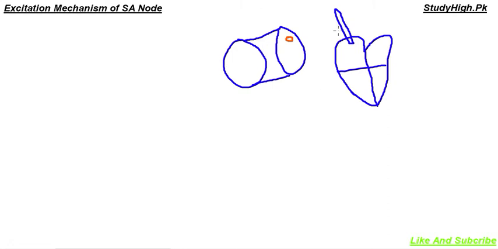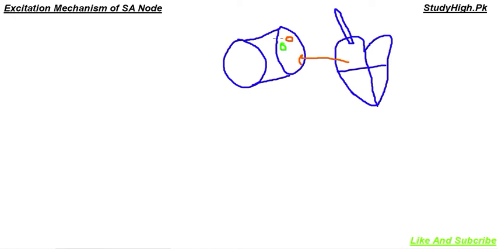This is the location of the opening of the superior vena cava on the posterior wall of the right atrium. Then the location of the SA node is a little lateral and below the opening of the superior vena cava.